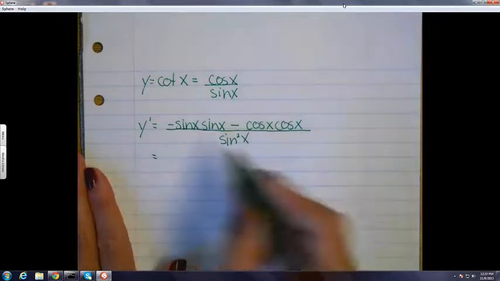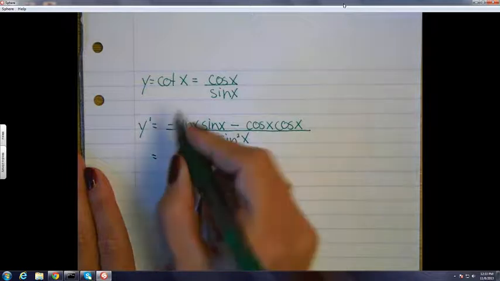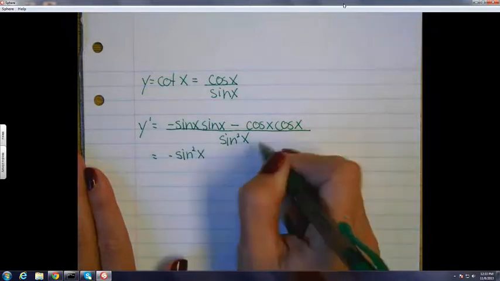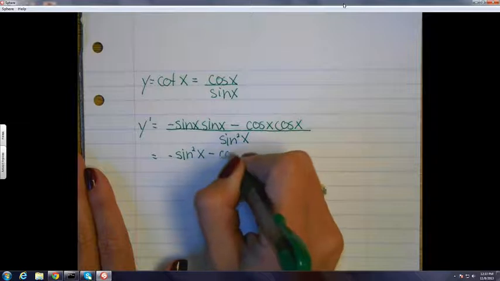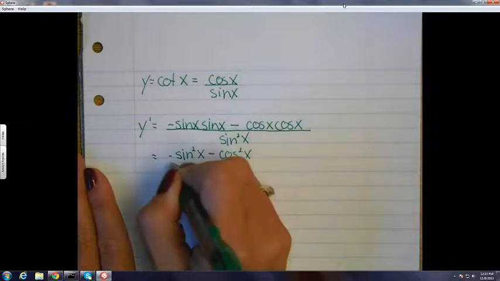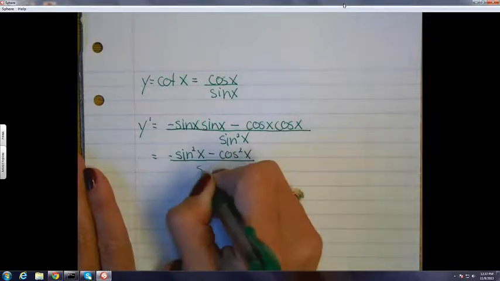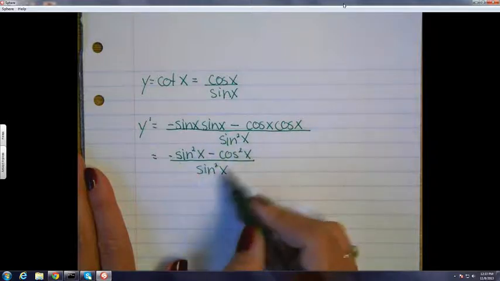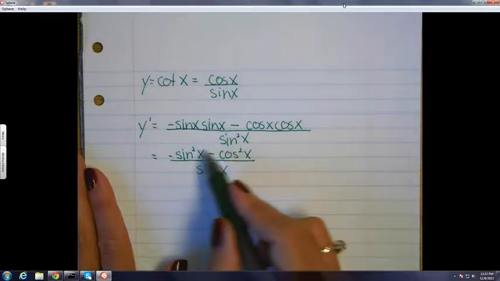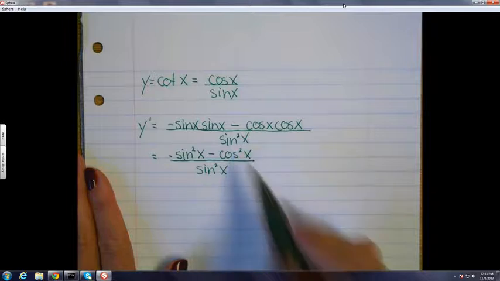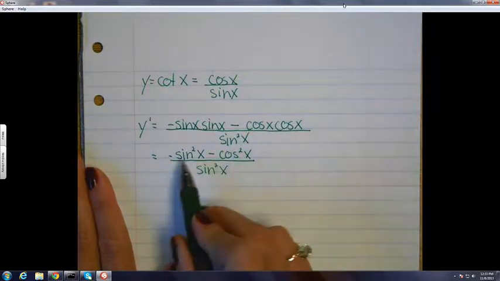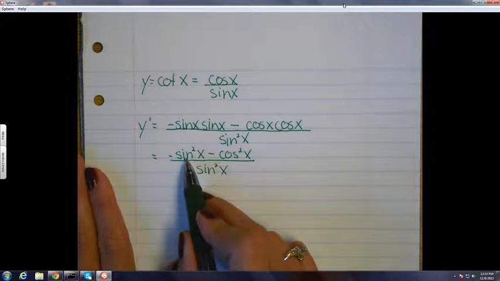Okay, so we've got a negative sine squared minus cosine squared all over sine squared. Oh, don't be canceling these either. Remember with an add or subtract sign, they're holding hands, and I can't cancel if it's holding hands with another term. So no canceling. What I can do, if I look, I won't find negative sine squared minus cosine squared on there.